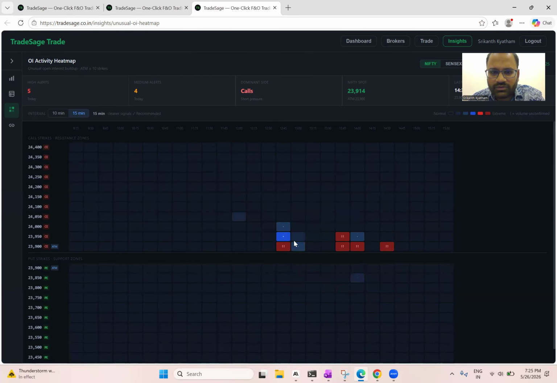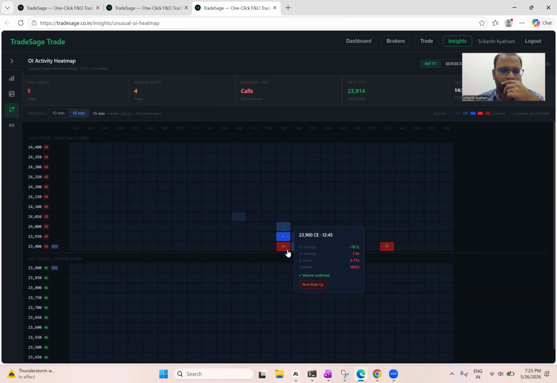So what this heat map indicates is that something crazy is happening within these strikes, right? So that's a good indication to watch out for the strikes. Again, this doesn't say to go for a call trade or a PE trade. What it says is there is something unusual happening over here, so watch out for that. In this case, it's saying short buildup.